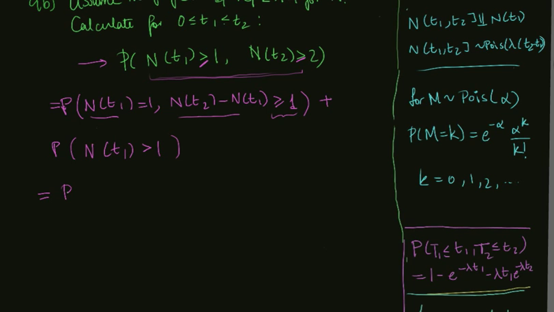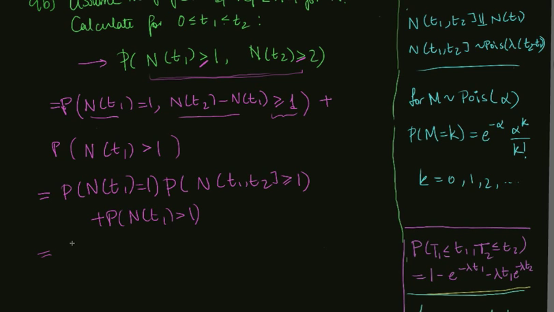So we may factorize that probability into the probability that N(t1) is equal to 1, multiplied by the probability that the increment of N from time t1 to t2 is greater than or equal to 1. And then onto that, I add the probability that N(t1) is greater than 1.